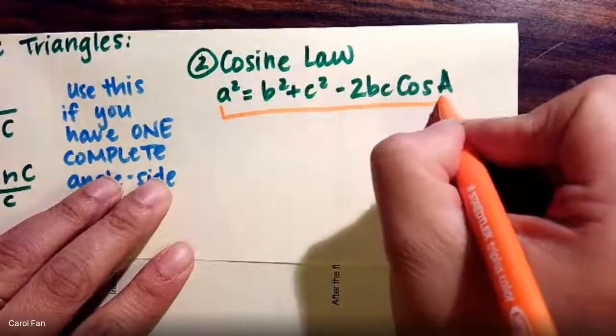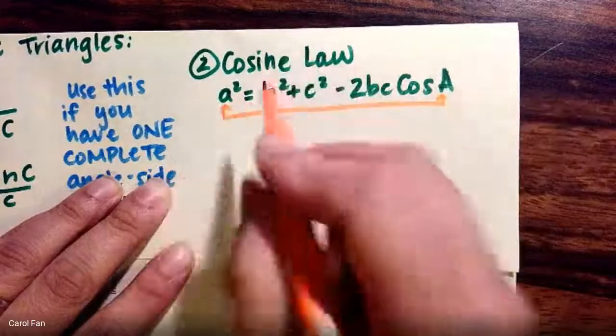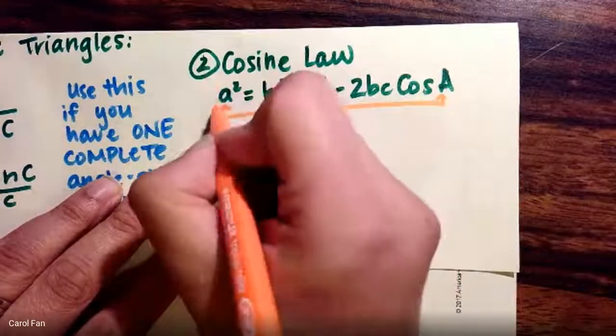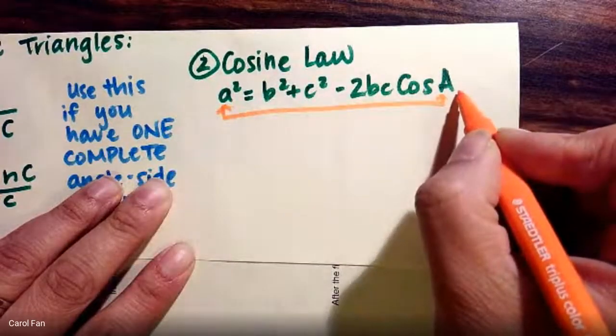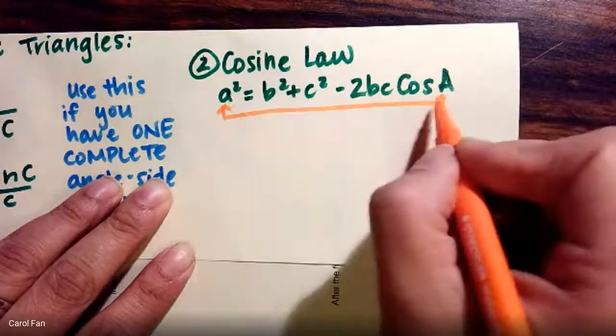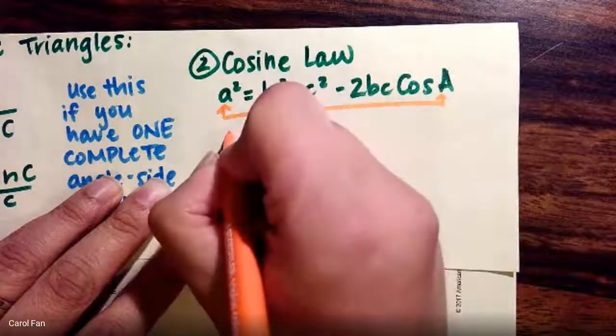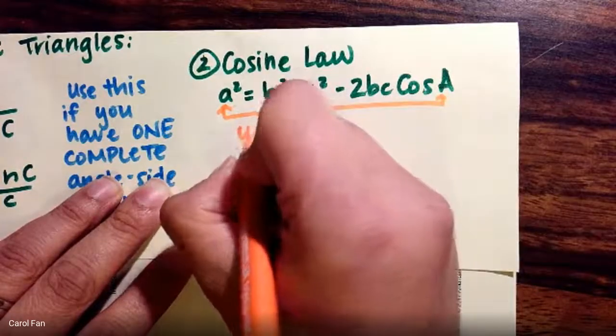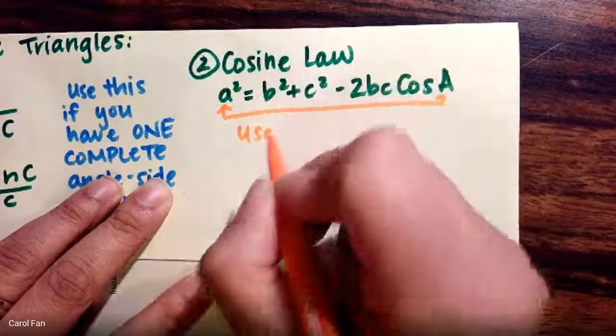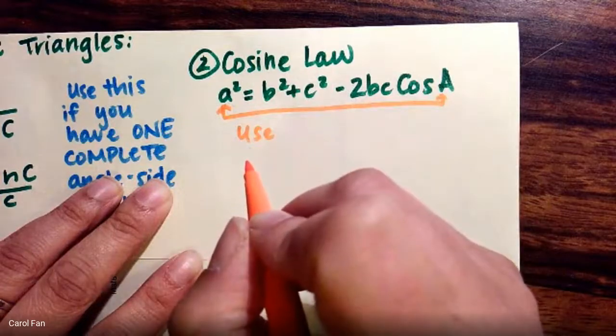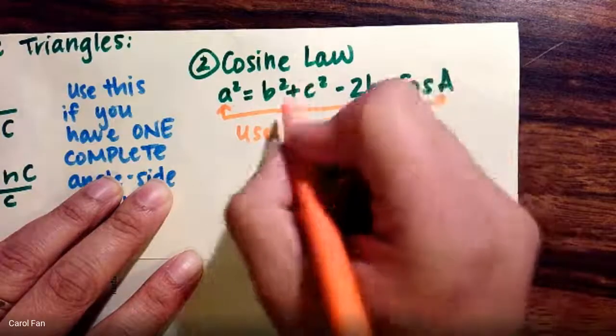It's a sandwich because we have side A and angle A as the bread sandwiching everything else in the middle. So this is good for solving if I have one angle and three sides.